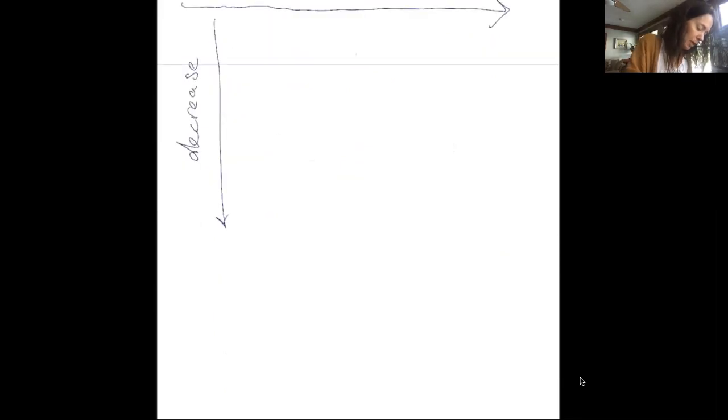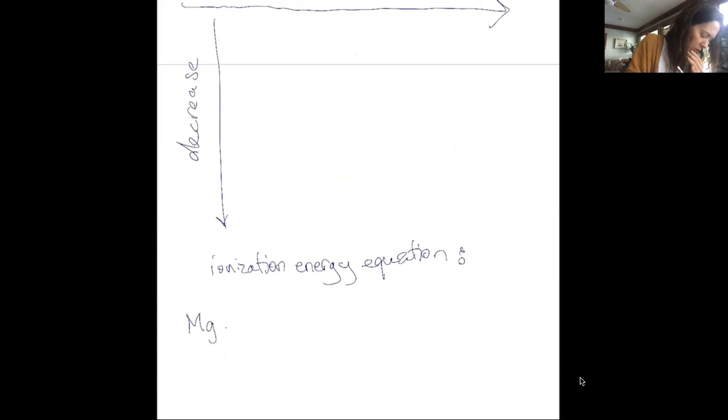All right, ionization energy equation. Well, let's take a neutral atom, supposed to be a gas. Let's remove from it, by adding energy, an electron. And what we're left with is the positive magnesium ion.